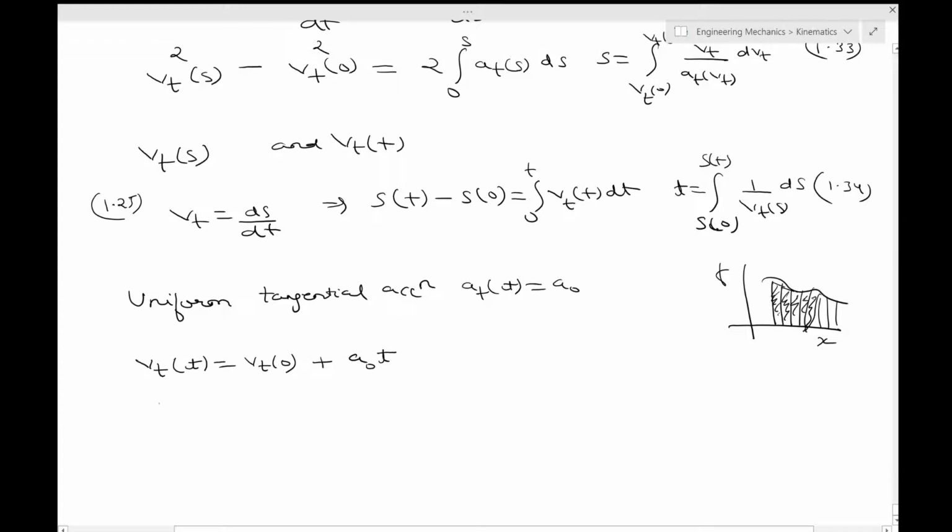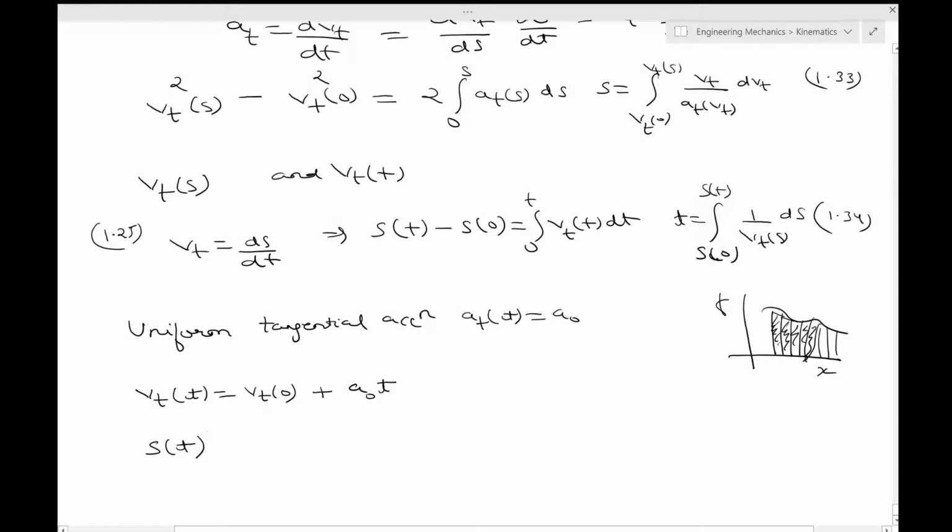And then S of t, if you look at 1.33 over here, I think you are able to see. So S of t will be equal to S of 0 plus Vt of 0 at t plus half a naught t square.